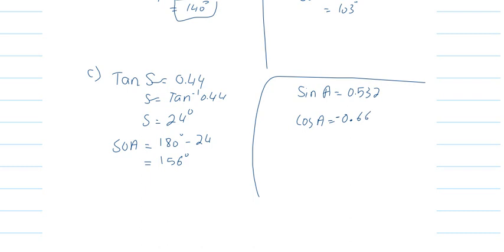All right. Look at sine A. What can you tell me about the angle A? Is it going to be obtuse, acute, or what? Acute? What do you think? Would angle A be acute? Without using a calculator, would it be acute?